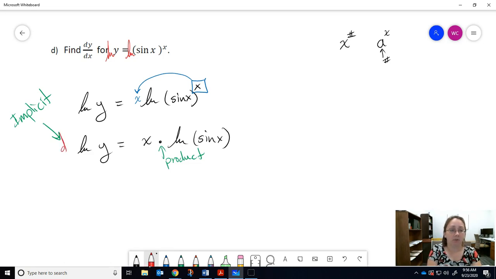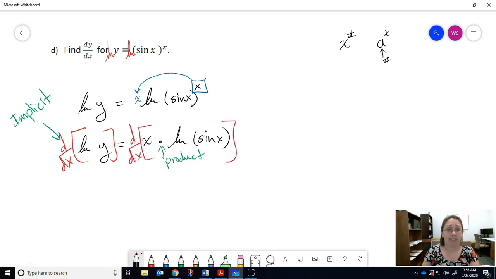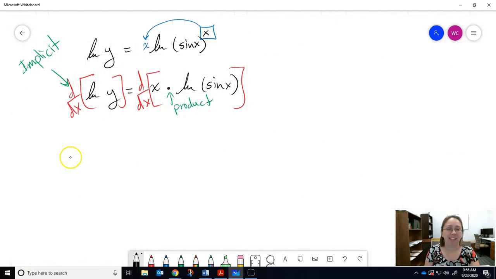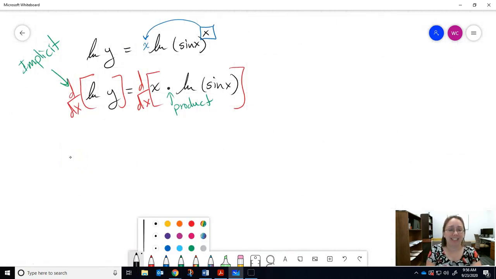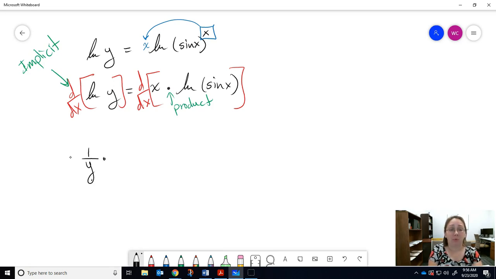We're dealing with x, so d dx to both sides. And let's start with the left. I think we've done this a couple times, so hopefully you've caught on. The derivative of ln y is 1 over y times the derivative of y with respect to x equals product rule.